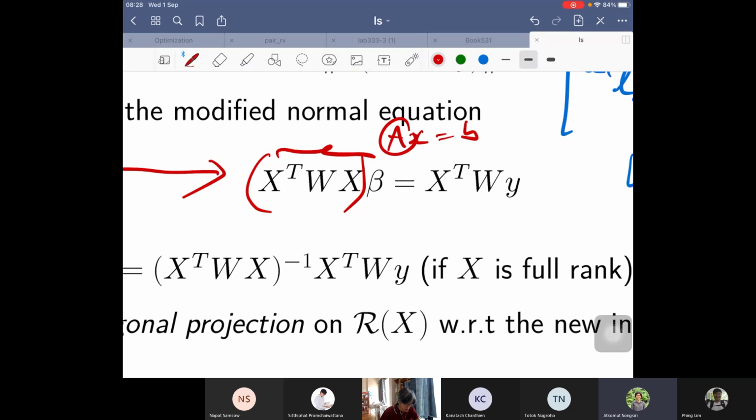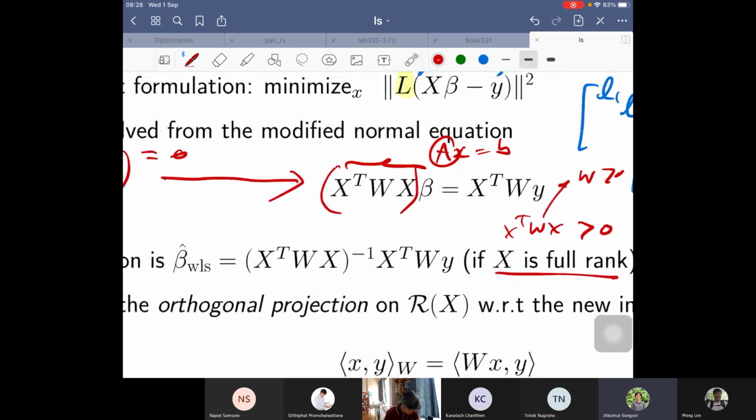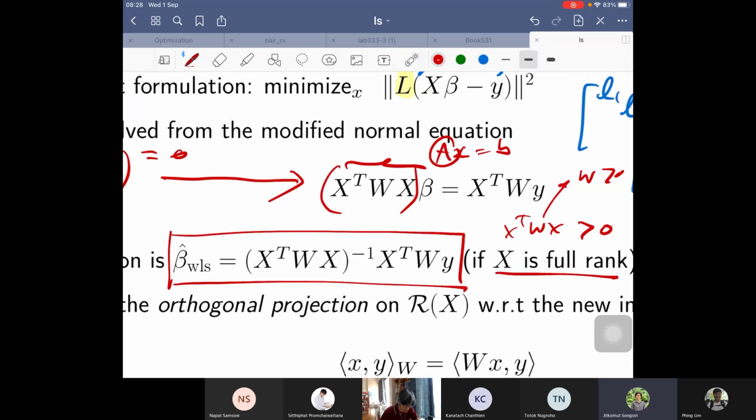Just like in the linear least square case, if X is full rank, you can show that X transpose W X is a positive definite matrix, given that W is positive definite. When X transpose W X is positive definite, it is invertible. The weighted least square solution is given by inverting this term.